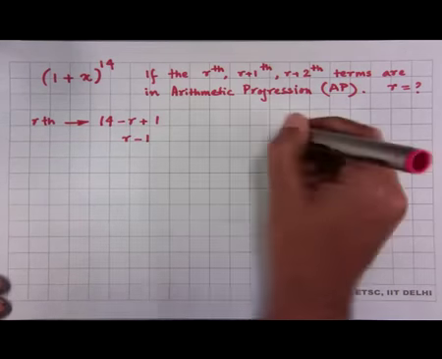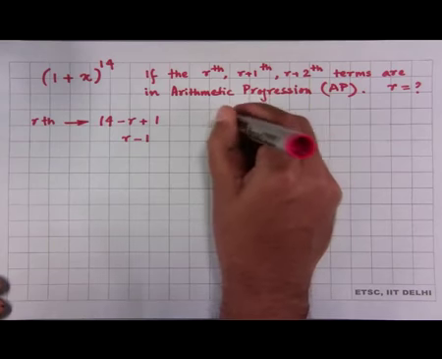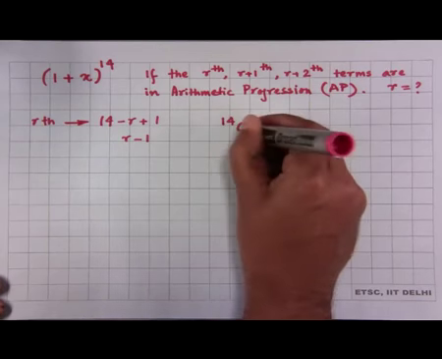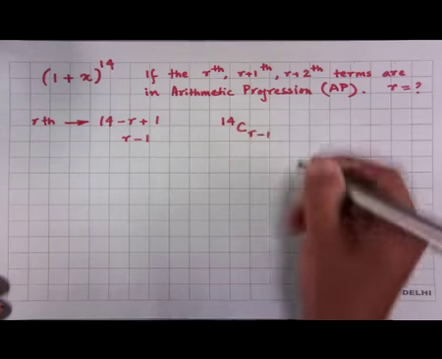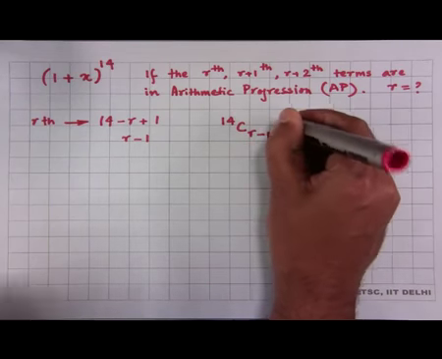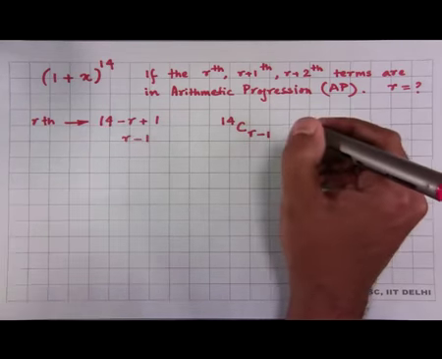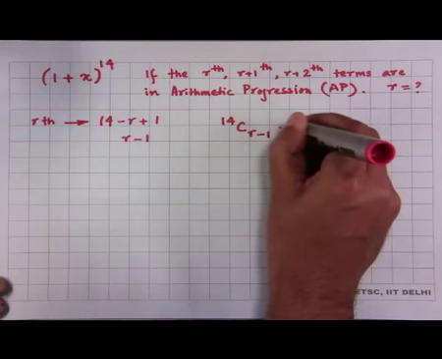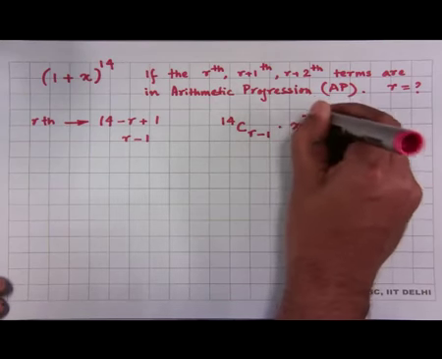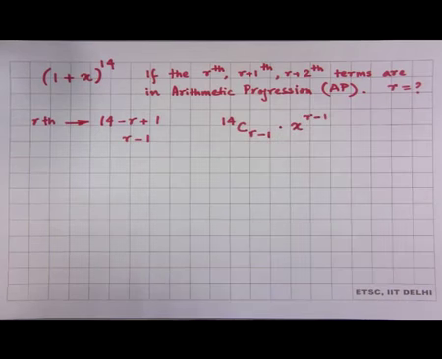So, the term is going to be 14 choose r minus 1, times 1 to the power 14 minus r plus 1, which is just 1, times x power r minus 1. So, this is the rth term. Okay.